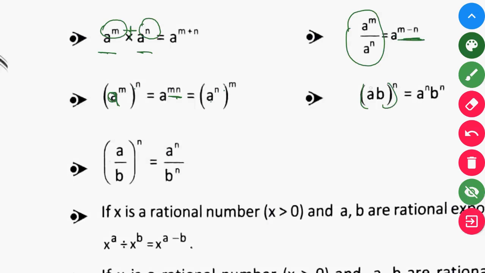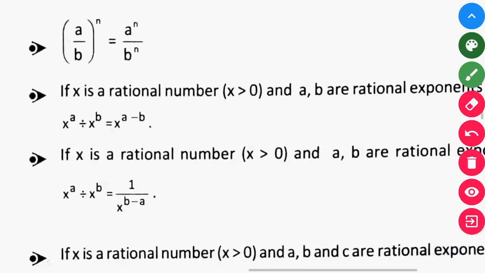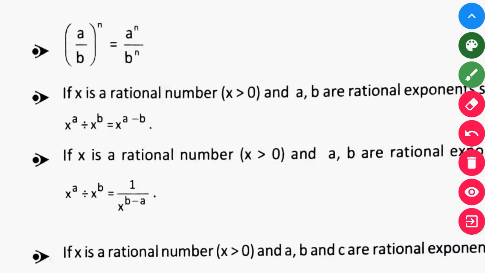If two numbers are in multiplication and their exponent is common, we can write it as a raised to n multiplied by b raised to n. Same for division also. The common exponent or power we can take out from both numbers. Now if they are in division and have different exponents, we subtract them.